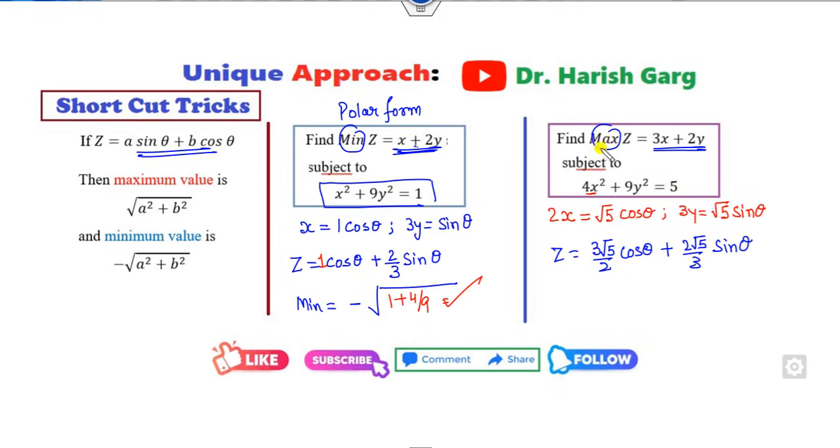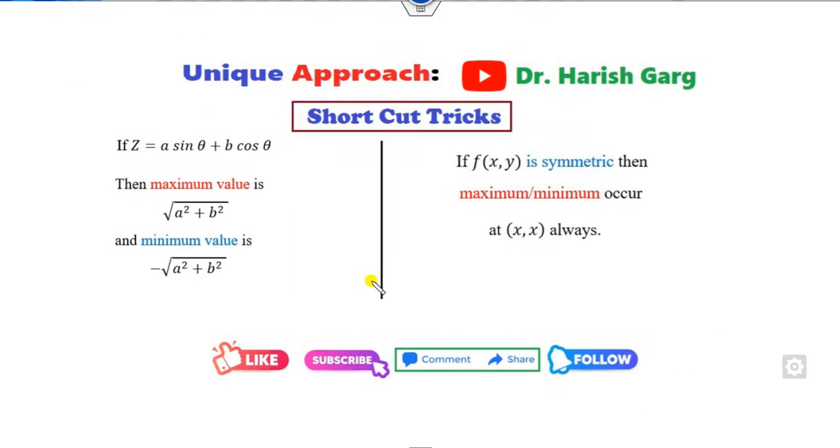So what is the value of the maximum? Again, it will be 9 into 5 is 45 over 4 plus 4 into 5 over 9. So you can solve this. Whatever solution you get after the calculation is the right answer. You can see this is the way you can solve each question in a simple manner.